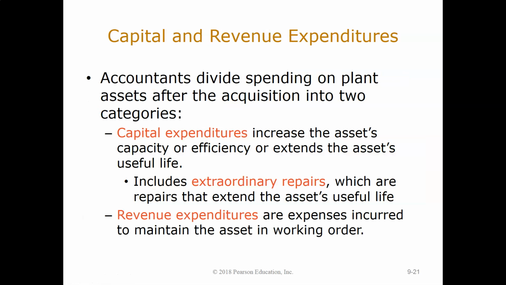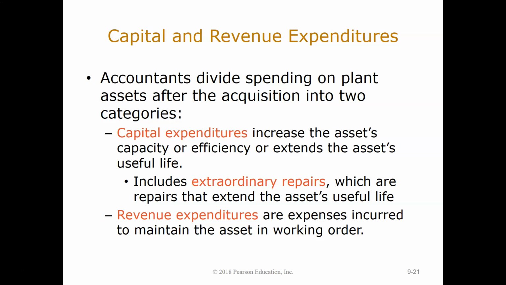There is also an important distinction we need to know between capital and revenue expenditures. I already spoke to you about the term capitalization. When we add to an asset's cost, we are capitalizing those costs.